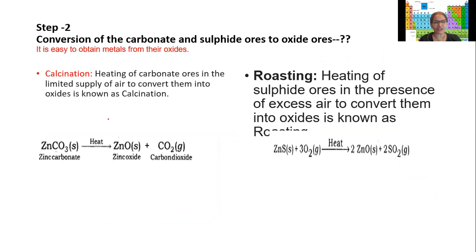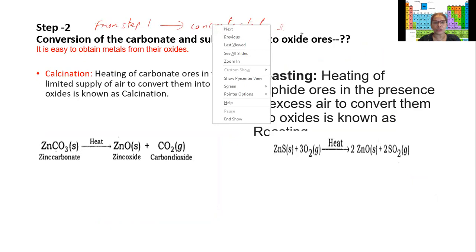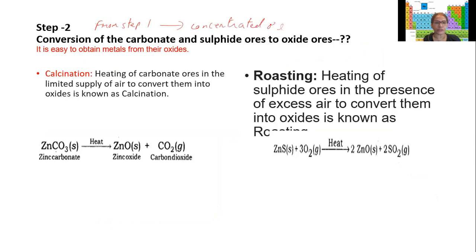Step 2 in the extraction of metals from their ores. Now we have got the concentrated ore from step 1, the enriched ore.